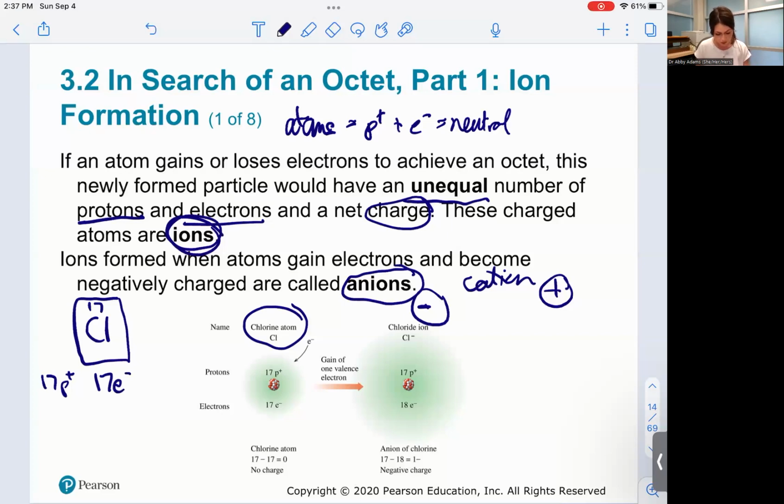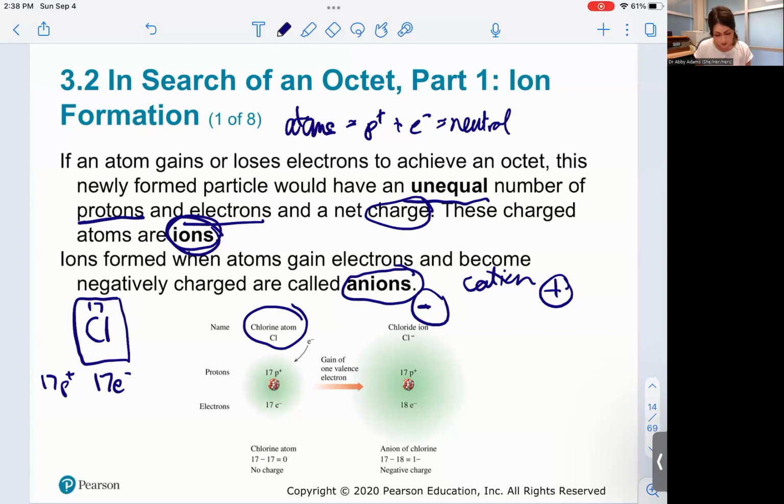Okay. So chlorine wants to become an octet. How is it going to do that? You have to think about how many valence electrons chlorine has. How many electrons are in that highest energy level?